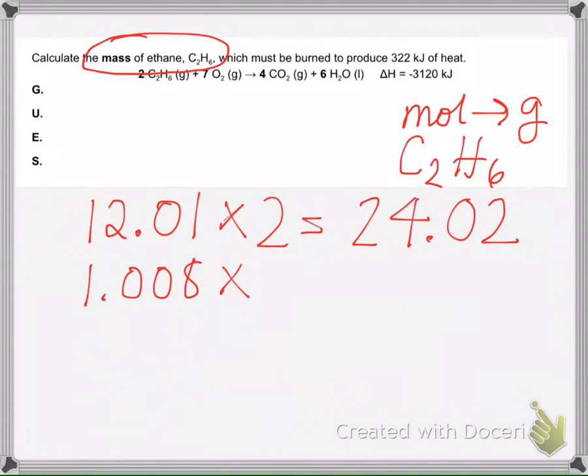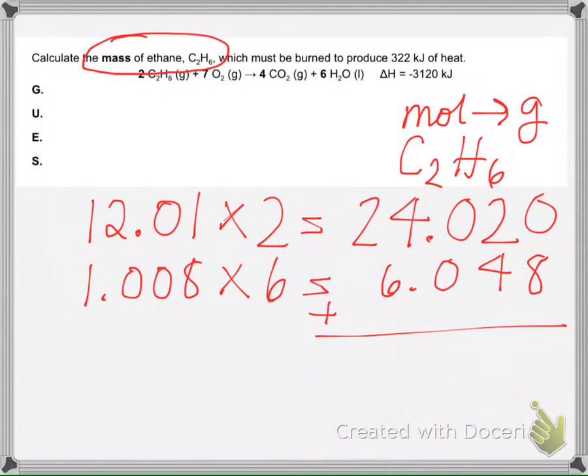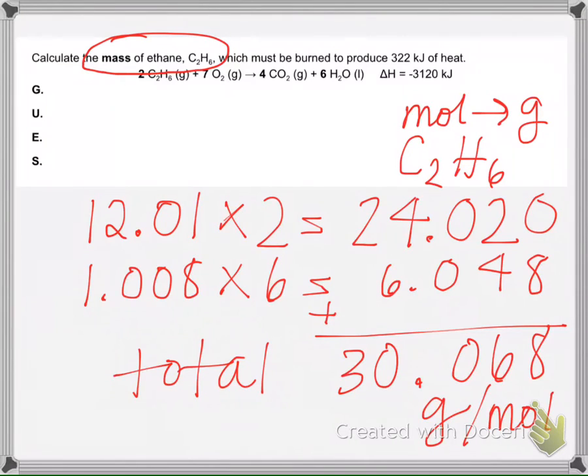There's 6 of those, so that's going to equal 6.048. And now to get the total molar mass, we have to add these up, and that's going to be 30.068 grams per mole. So this is the molar mass of ethane. I'm going to need it in a moment.